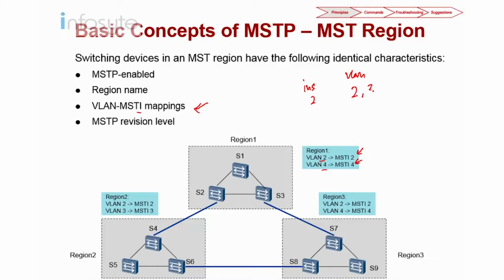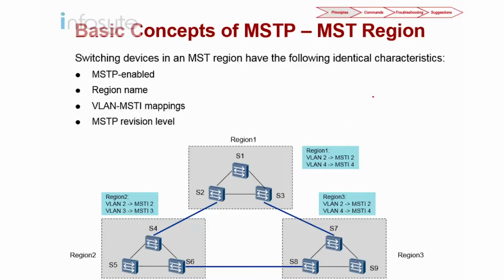I can have VLAN 2 and 3 map into instance 2, and I have instance 4 that maps VLAN 4 and 5, for example. So we can map multiple VLANs into an instance, but we can only map one VLAN to one instance. I repeat, you can map multiple VLANs into one instance, but you can only map one VLAN to one instance, so you are not allowed to map one VLAN to two instances like this.